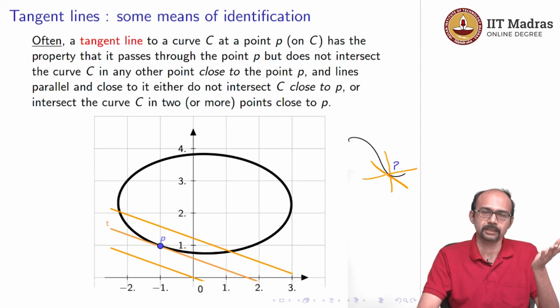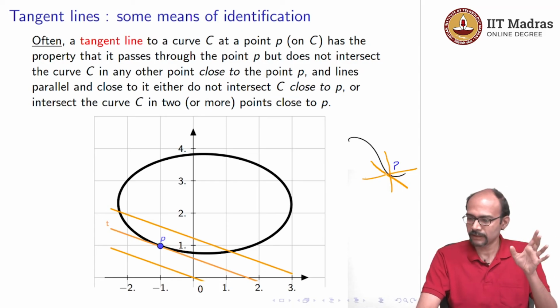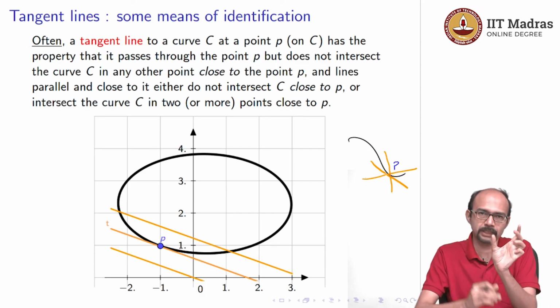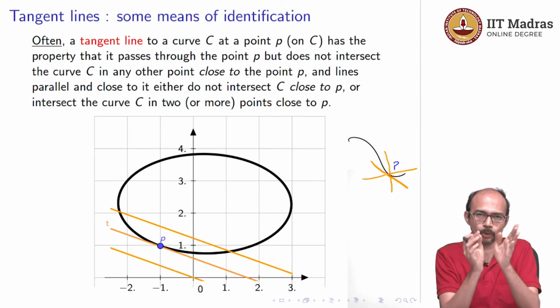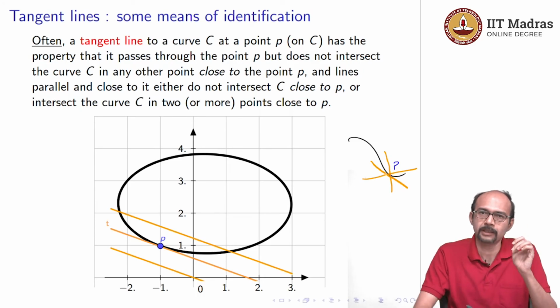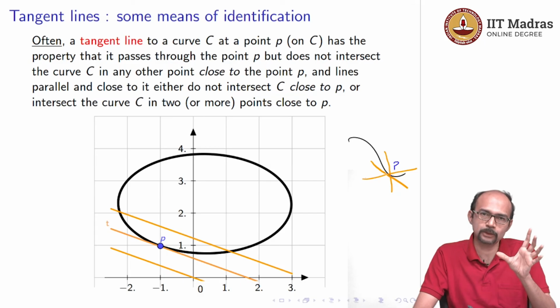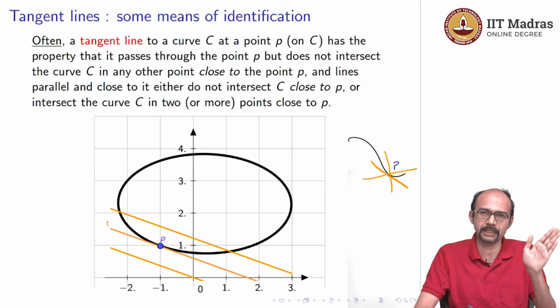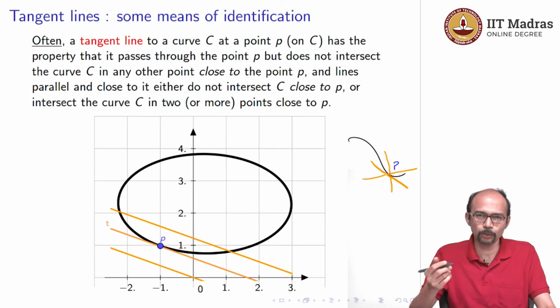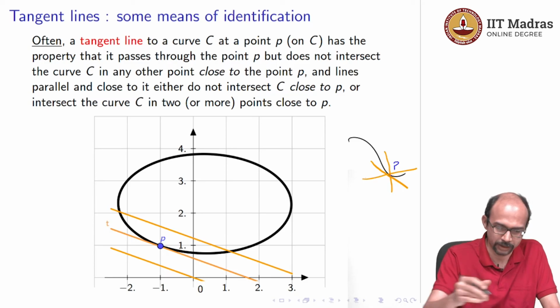What I am trying to say is, if you choose a certain amount that you want to wiggle it, you want to rotate it only by this much, then you can choose the part of the curve for which it is going to intersect. Okay, so this is a slightly vague statement I am making, but actually it is more precise than the previous things. Fine, but if you do not understand that, leave it for what it is.